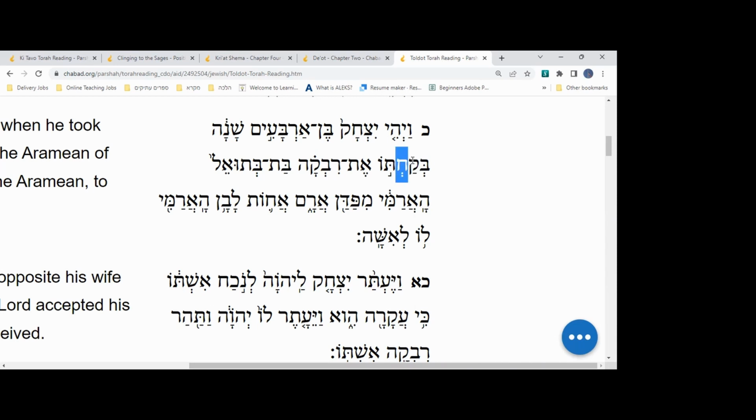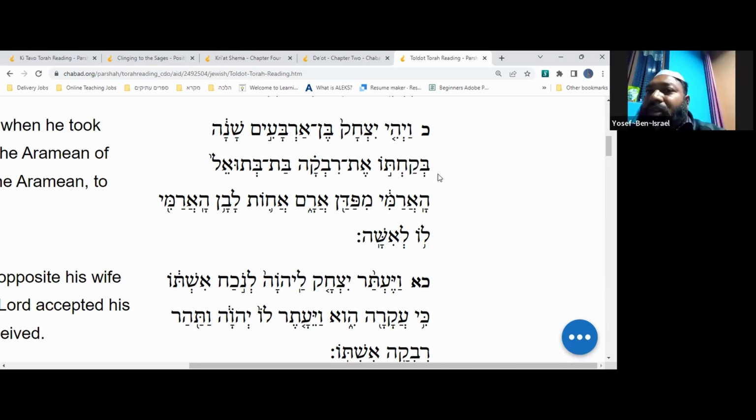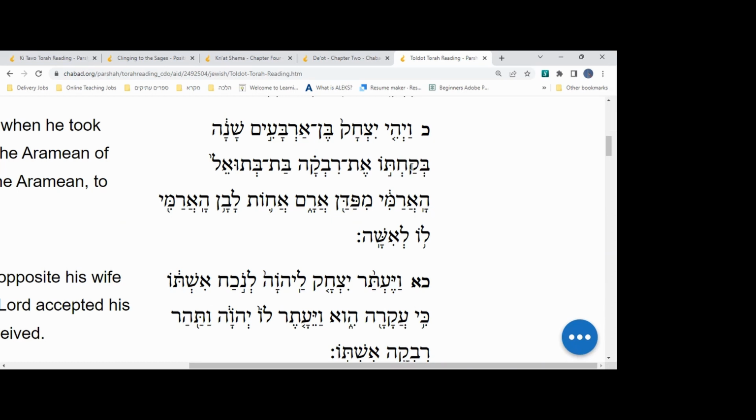It's just the last part of this syllable. So this chet is actually part of the same syllable as the kuf. So it's just kach. Correct. That's the correct pronunciation.